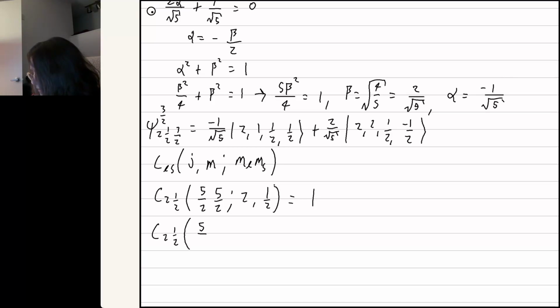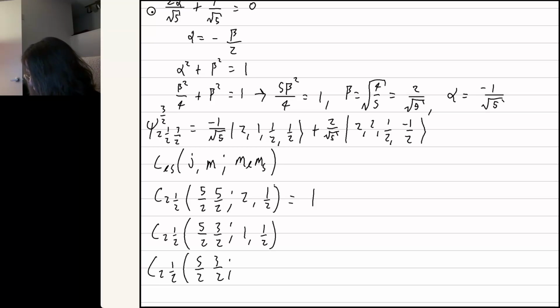Then we did 5/2, 3/2. We ended up with one of them being 2, 1/2, and one of them being 2, -1/2.